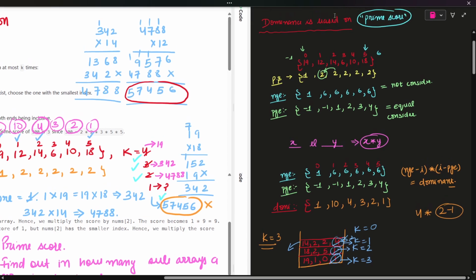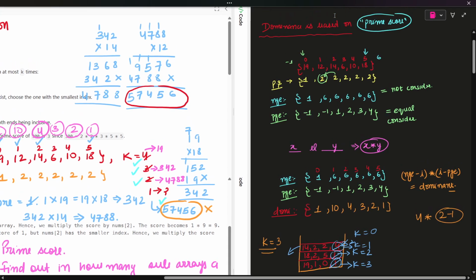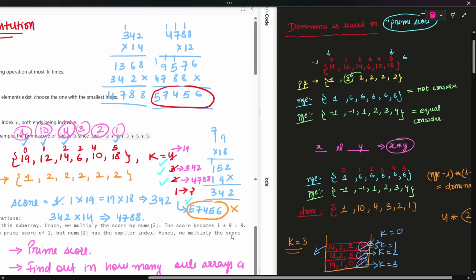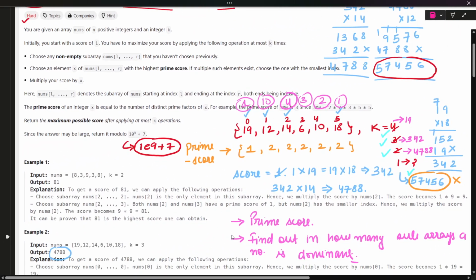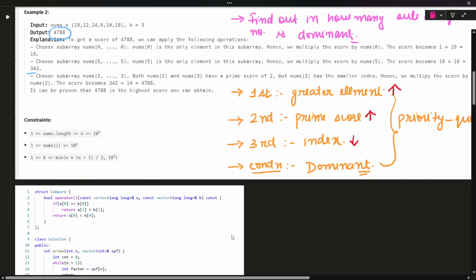It involves multiple concepts and multiple techniques, which I can't cover in a single video, right? Because there's prime check, there's NG PG, there is also priority queue use, there's a comparator, and the question involves multiple things. So let me just show you, but I think you should do it once.